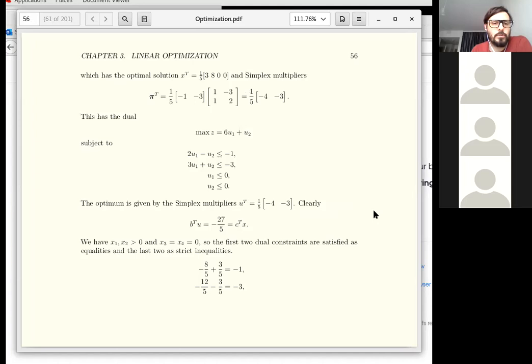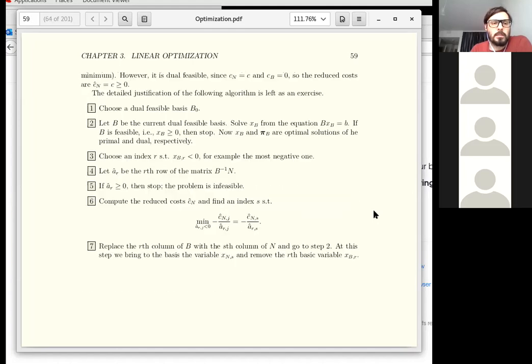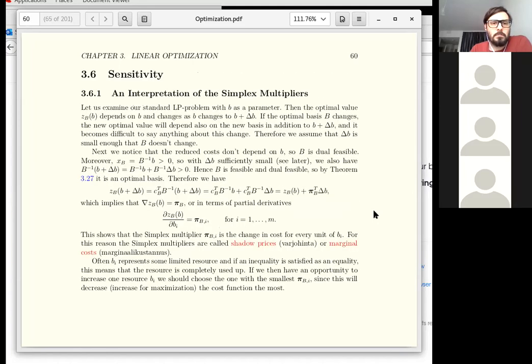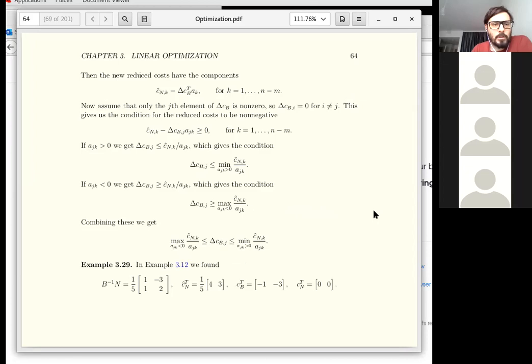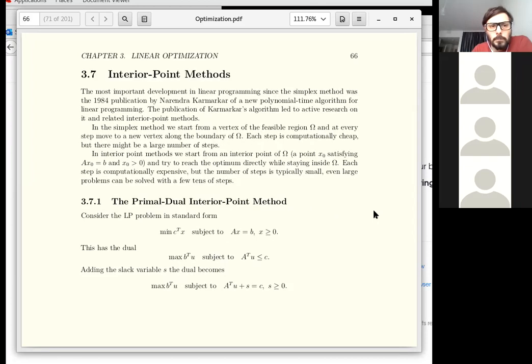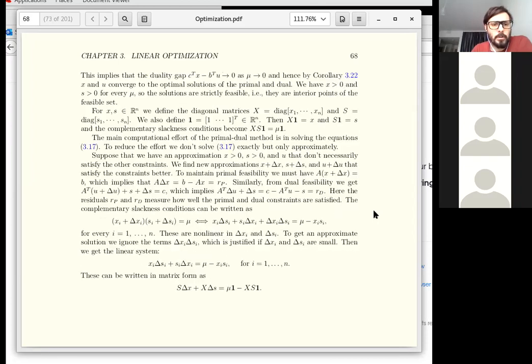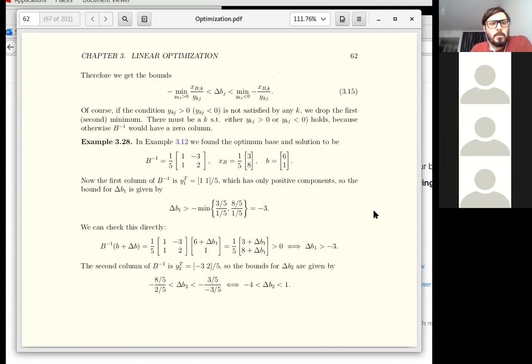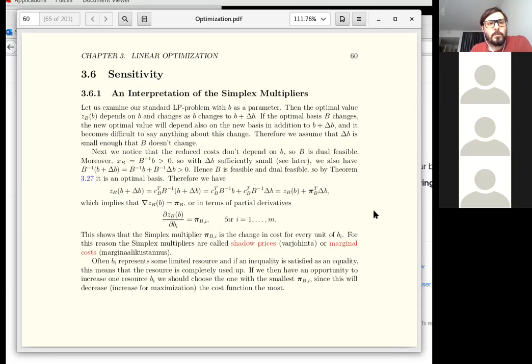You can browse through this, but I'm not going to ask you to do this all that much. Then there's the sensitivity analysis about the simplex multipliers and so forth, but I'm going to skip that, and also skip the interior point methods, because the main mathematics of this sensitivity analysis, the idea of the sensitivity, I just mentioned what it means.